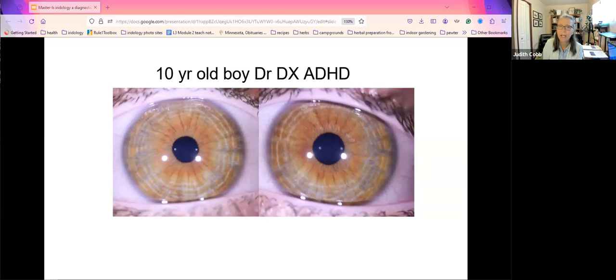Now, anecdotally, it appears that while most children who have this doctor diagnosis of ADHD have these markers, it doesn't mean that everyone who has these markers will have ADHD. So we need to know that it's not a two-way street here. These markers together suggest that this person might burn through their B vitamins, vitamin C, calcium, and magnesium very quickly.